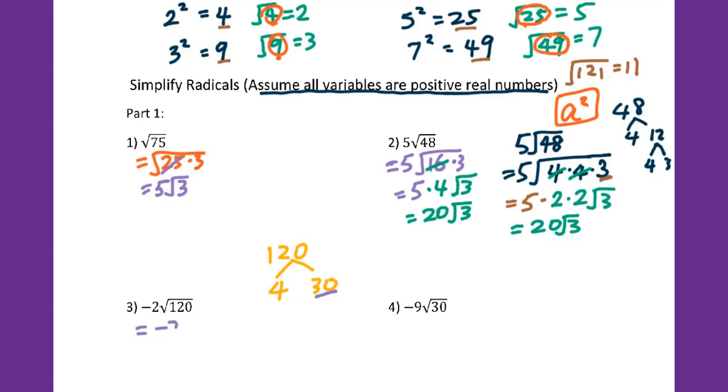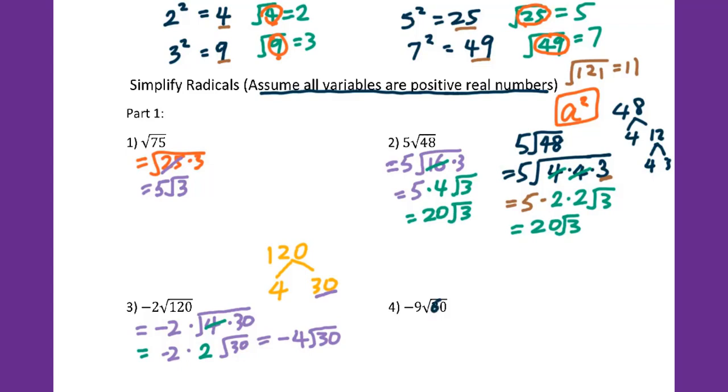So you will get negative 2 times the square root of 4 times 30. Then you take the square root of 4, that's 2, out. Negative 2 times 2 square root of 30. So your final simplified radical will be negative 4 square root of 30.